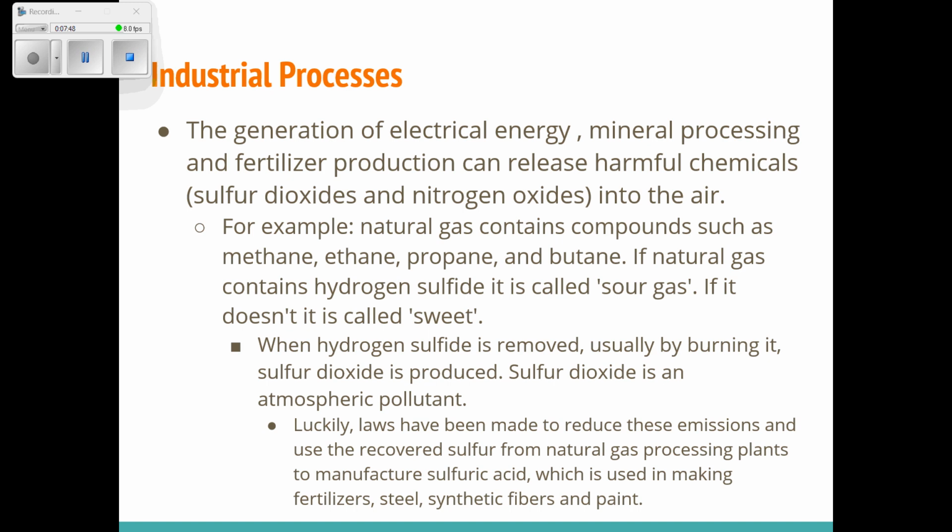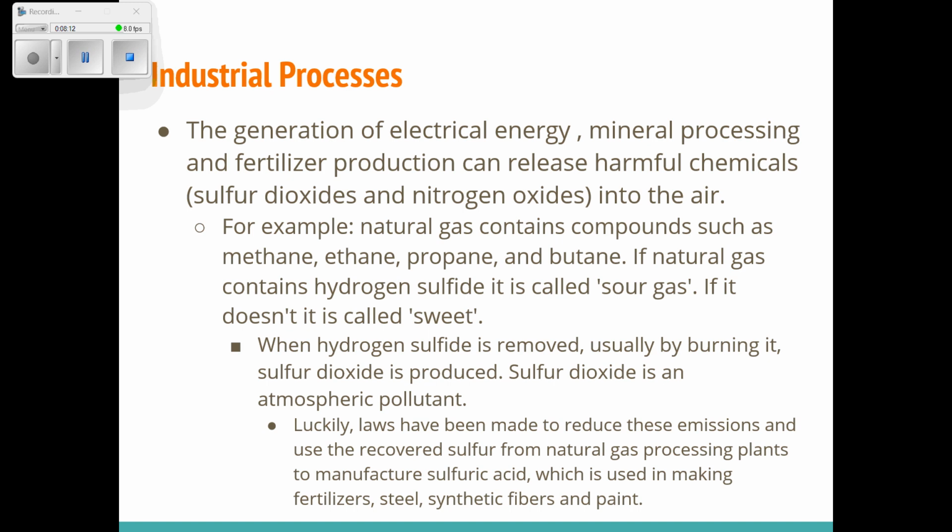If natural gas contains hydrogen sulfide, it is called sour gas. If it doesn't, it is called sweet. When hydrogen sulfide is removed, usually by burning it, sulfur dioxide is produced. Sulfur dioxide is an atmospheric pollutant. So if we burn something like that, it's going to negatively affect our environment.